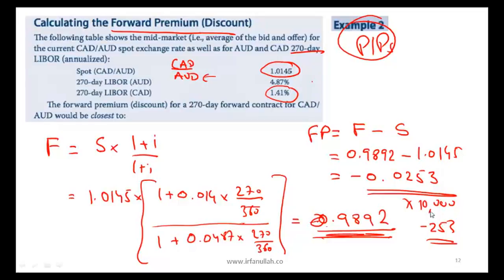If you have a currency such as the rupee dollar or the yen dollar, there the convention will be to multiply by 100, because there you will have 2 decimal places. With some practice, it will become obvious. For most of the currencies that show up on your exam other than yen dollar, you will be multiplying by 10,000.